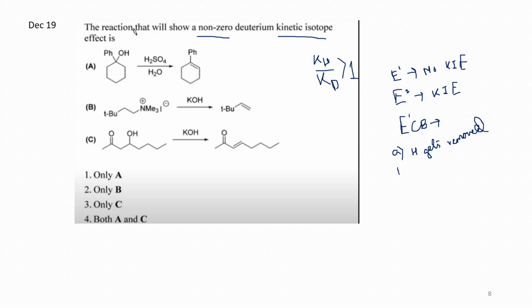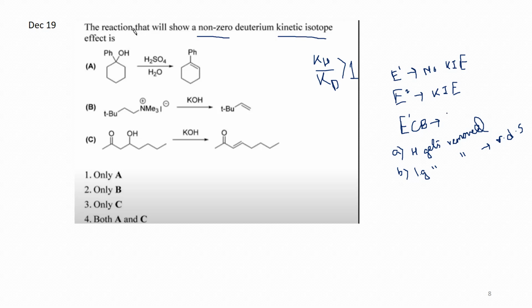After that, the leaving group gets removed. In this case, the second step is the rate determining step.